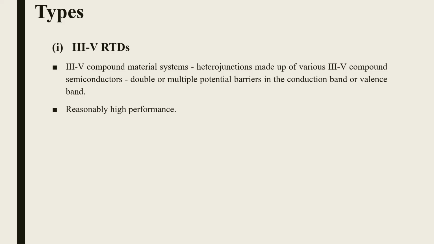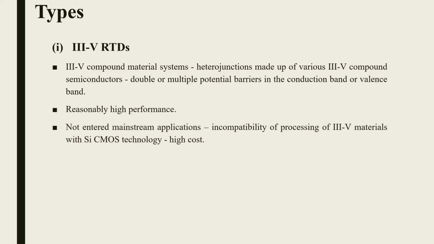They have reasonably high performance which has been realized. Such devices have not entered mainstream applications yet because the processing of group 3-5 materials is incompatible with silicon CMOS technology and the cost is high.